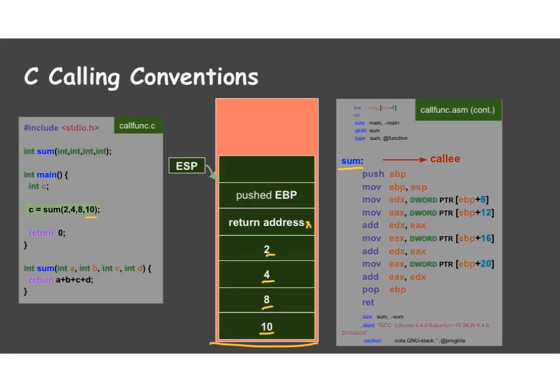And then the first thing we do in our function is push EBP. So we push EBP into the stack, and the next thing we do is to store the current value of the ESP in EBP. Therefore, our EBP now points to this point in the stack.